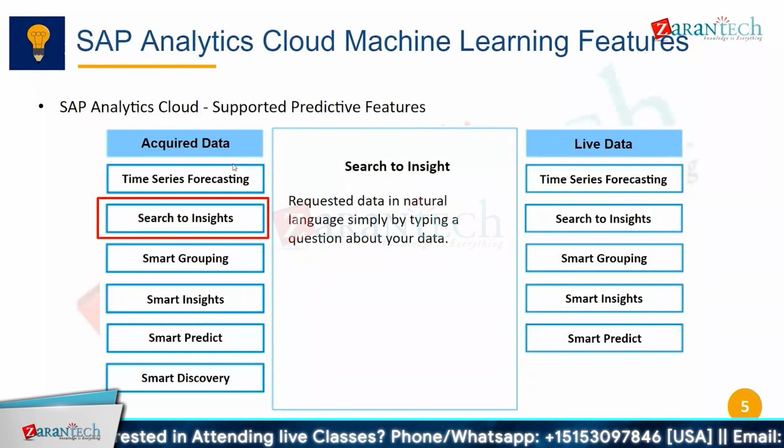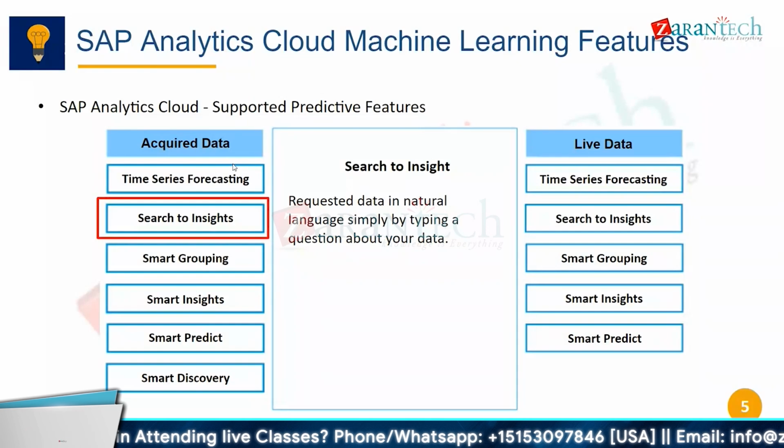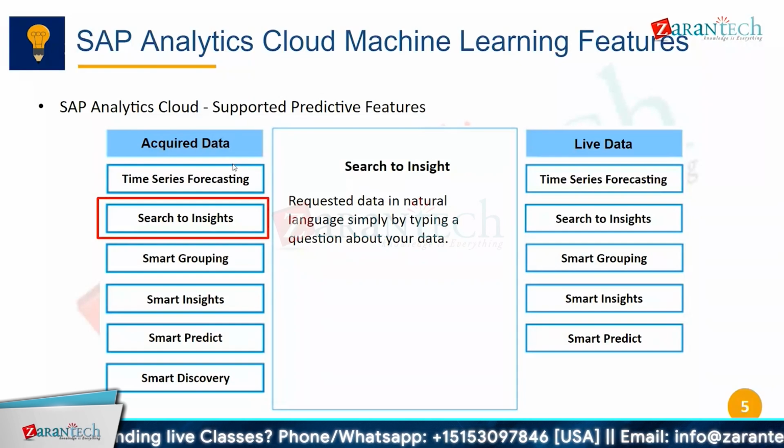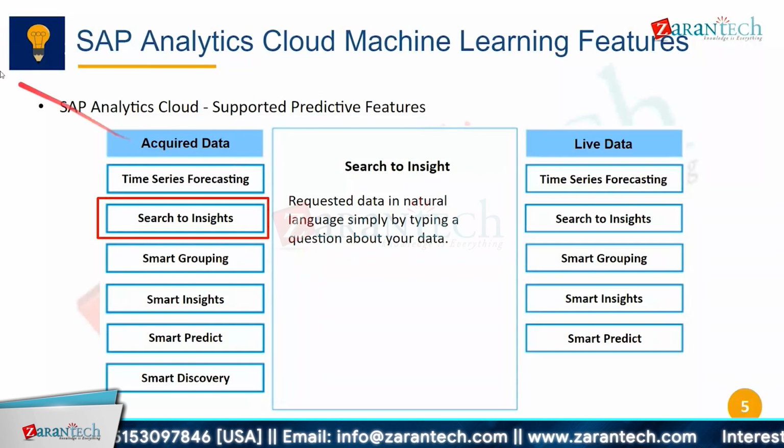You can type what is sales on your keyboard and the system will try to fetch the data with respect to what is available within the system. For example, you have a model where there is sales data available, so the system can understand and it will try to fetch the sales data. So here the requested data is brought by using natural language, simply by typing a question about your data. There are certain limitations for this.